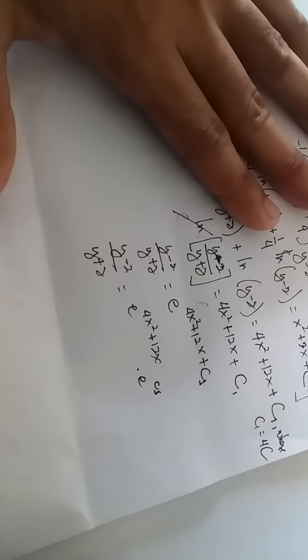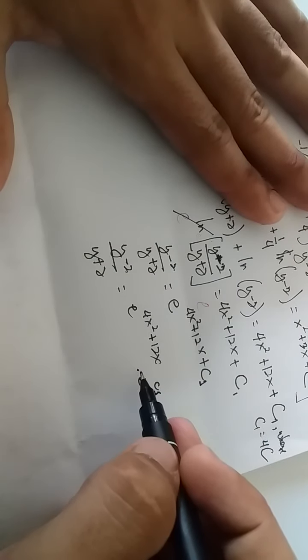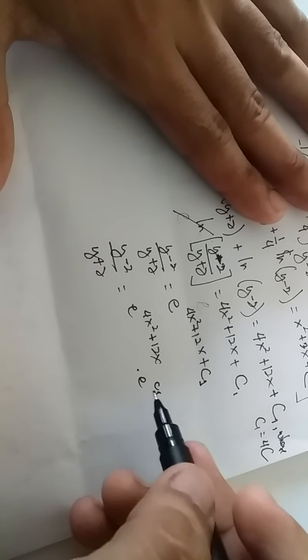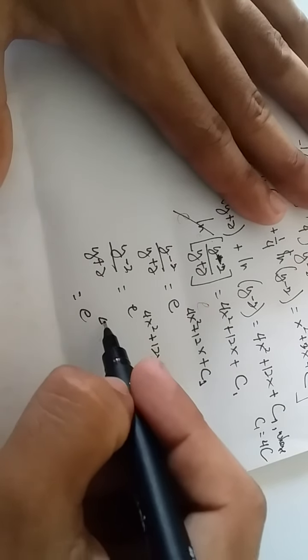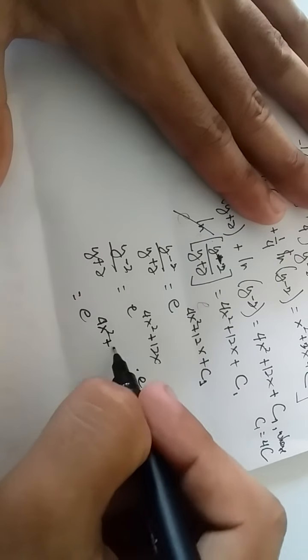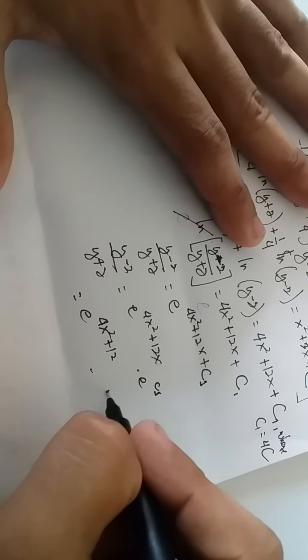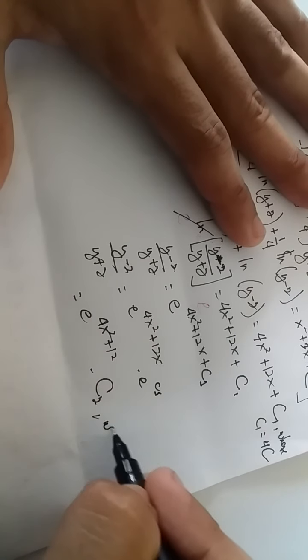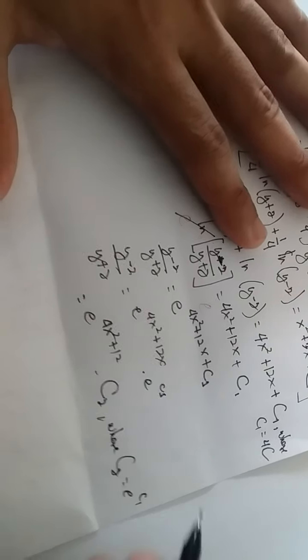Remember the product rule in exponents. If we have a plus in the exponent, that means we multiply the bases. So it can be written as e to the power of 4x squared plus 12x times c sub 2, where c sub 2 is equal to e to the power of c sub 1.